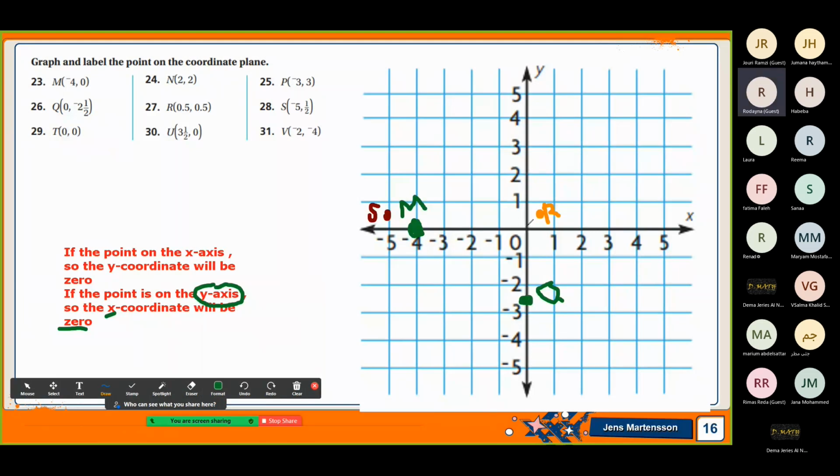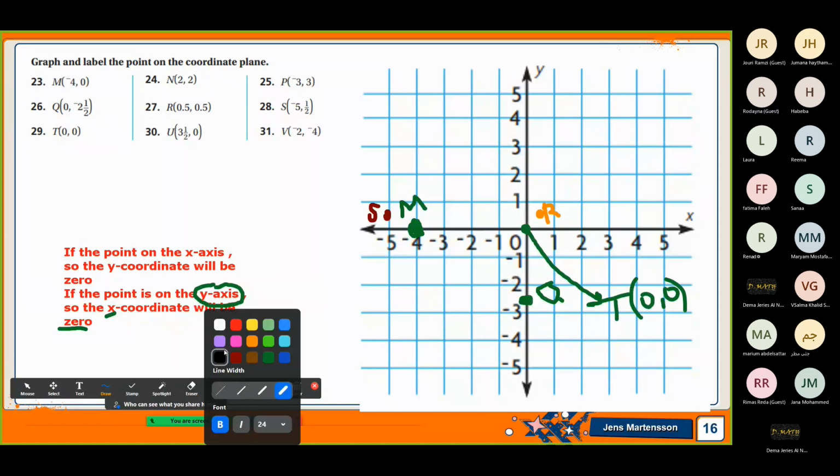It's in the middle. The 0 is between negative 1 beside it and negative 1 under it. So 0, 0 is this point, which we call the origin. So this point we call T, or the origin, which is 0, 0.